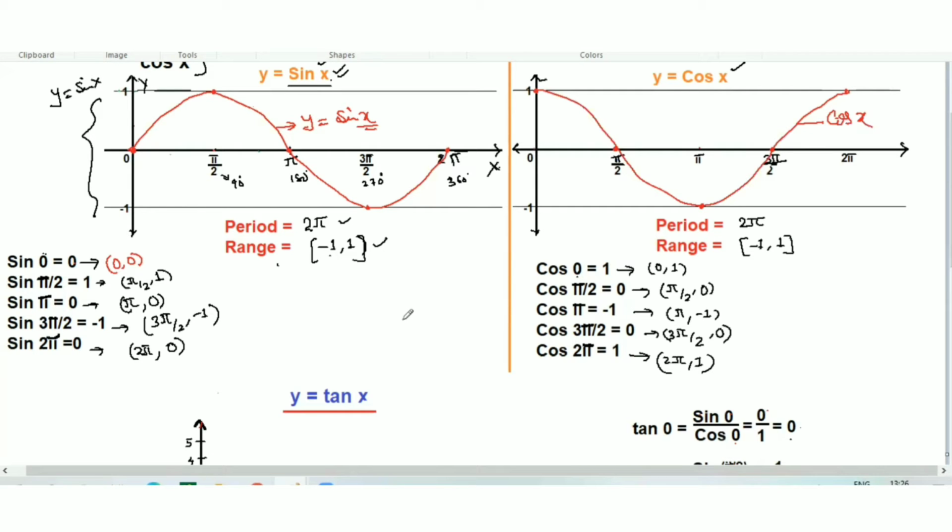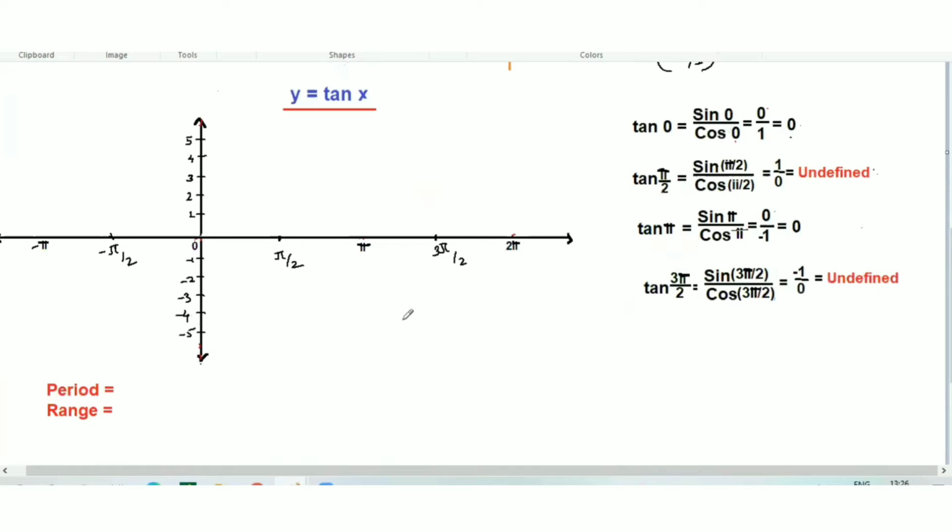Let's now learn how to draw the graph of y equal to tan x. As you know, tan of x is equal to sine of x over cos of x. This is the formula. Now draw the graph of tan x.